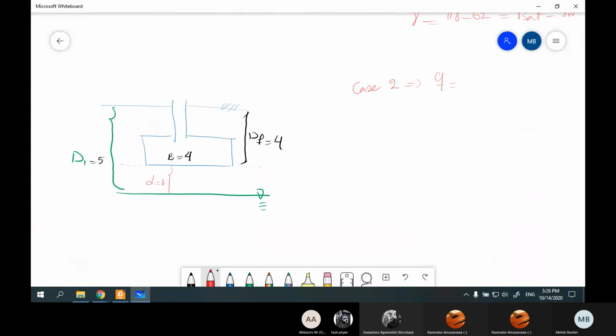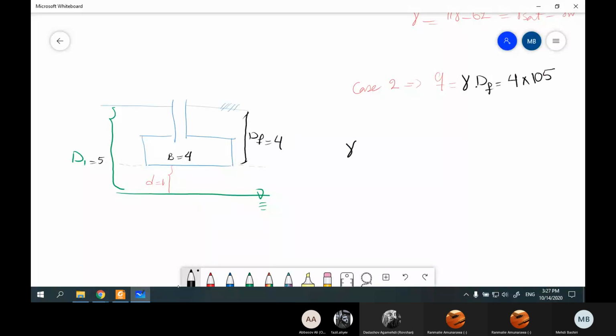Okay, so in this case, what is Q? Because there is nothing here except soil, no water, Q is 4 dot gamma, or gamma Df, which is equal to 4.105.